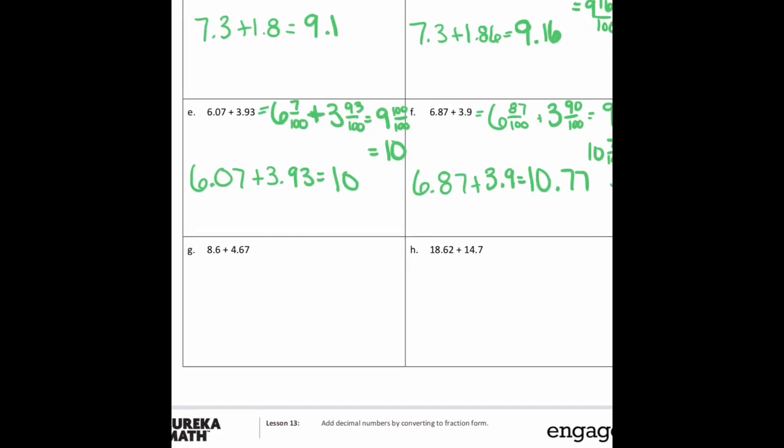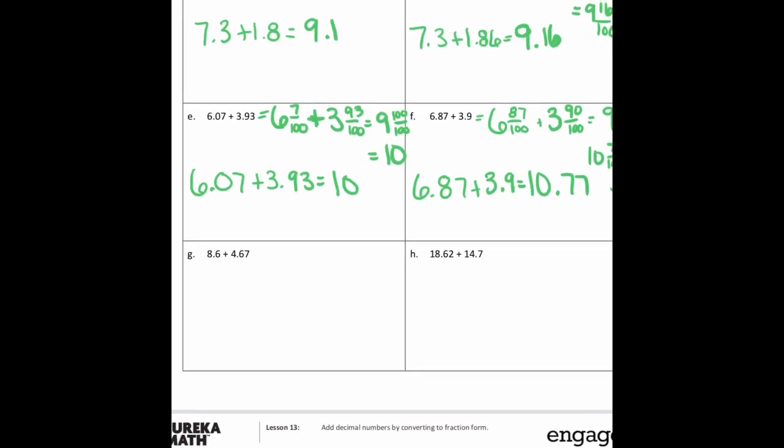Okay, let's look at G. We have 8.6 plus 4.67, so I'm going to do them both in hundredths since the second one goes to the hundredths. So I'm going to say 8 and 60 hundredths plus 4 and 67 hundredths. When I add that 8 and 4, I'm going to get 12.